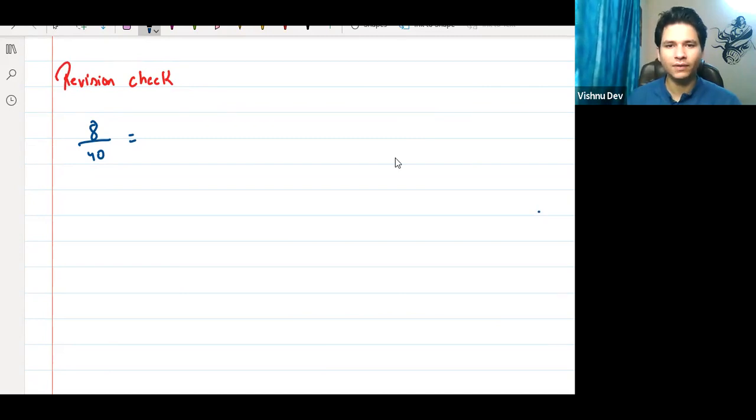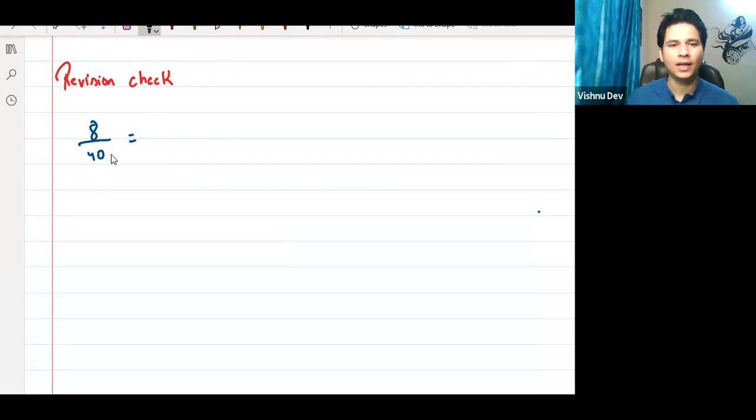Very good, correct. Whenever you have a problem like this, we have to convert it into the simplest form, standard form, first. To convert any fraction into standard form, I have to divide by the HCF.